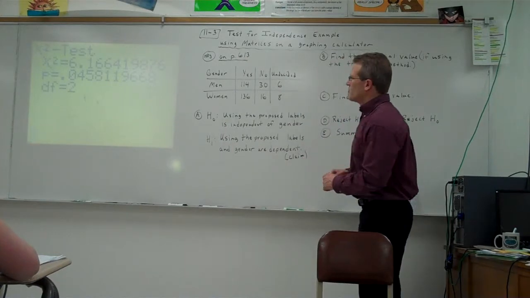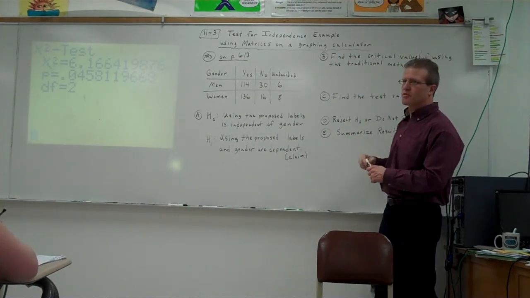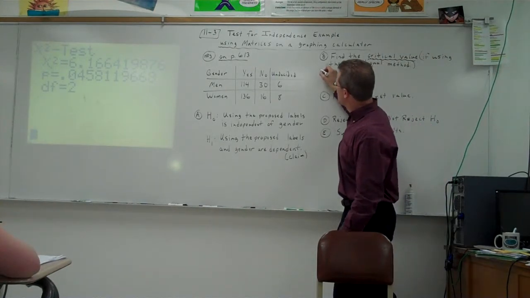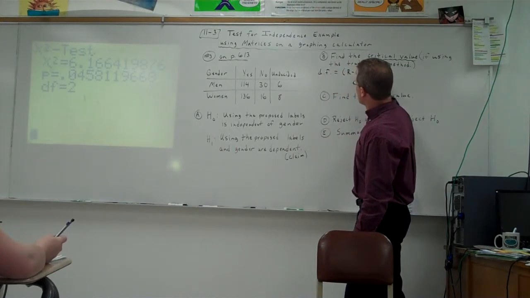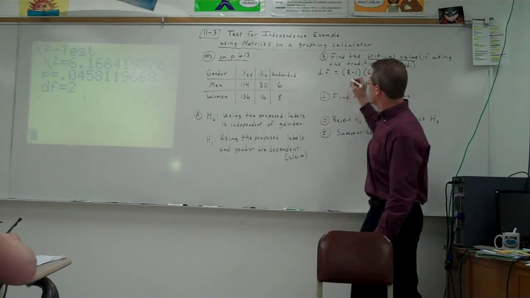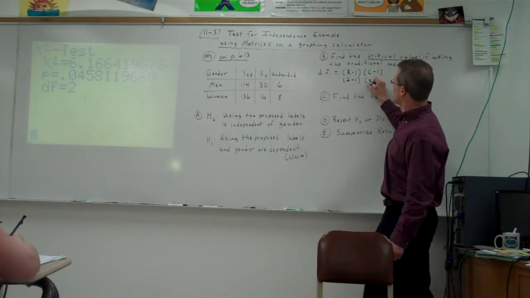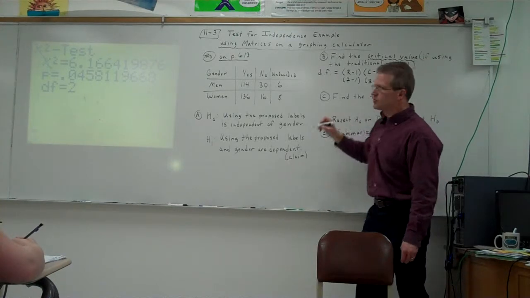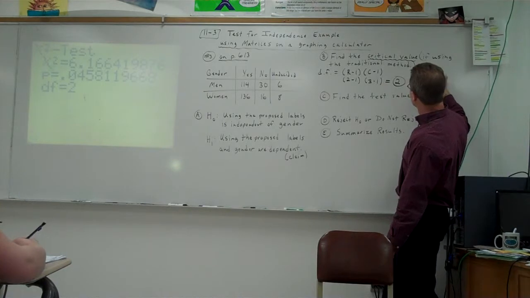Now, you might notice I didn't find the critical value. We could do that. If we were going to do that, this is how we do it. Degrees of freedom would be number of rows minus 1 times number of columns minus 1. So there's 2 rows, so 2 minus 1, times 3 columns, 3 minus 1. So it's 1 times 2, which would be 2. So you go to your chi-squared chart. Under degrees of freedom, you go to 2.